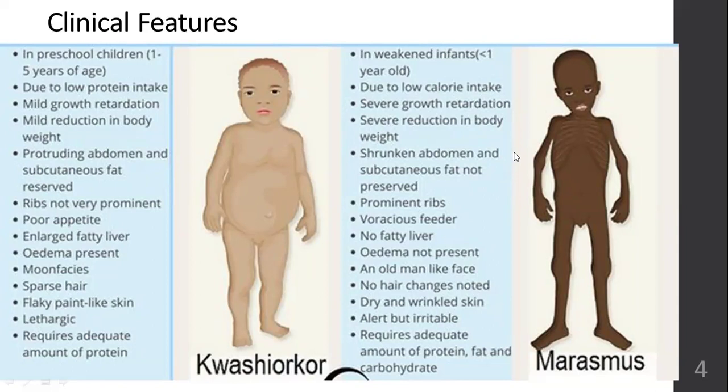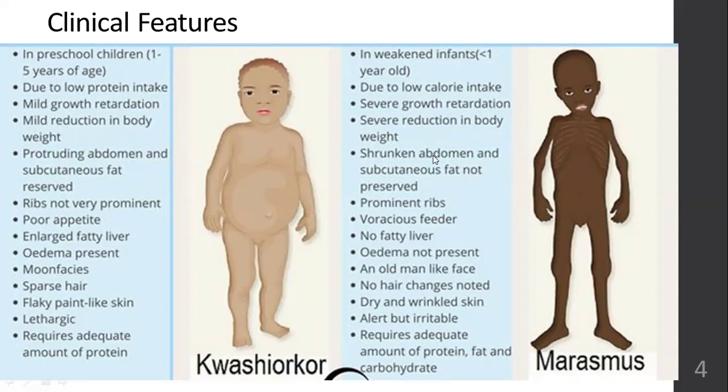The gap between 1 to 3 years is marasmic kwashiorkor. But above the age of 3, if the child is malnourished, usually it is kwashiorkor. Below the age of 1, if the child is malnourished, it is marasmus. Between 1 and 3 years of age, if the child is malnourished, it is marasmic kwashiorkor. We will see that later.